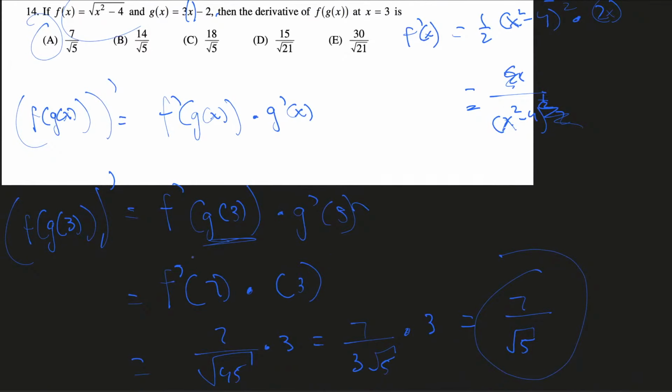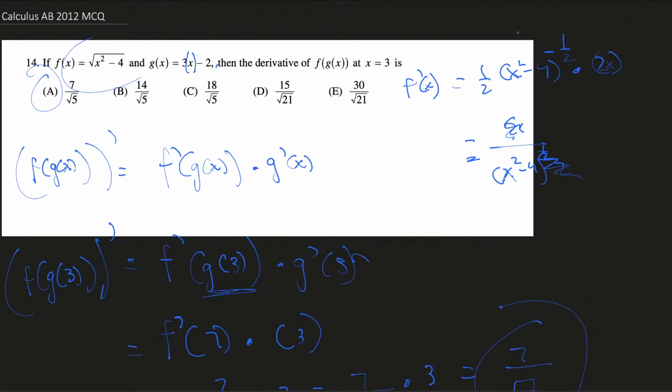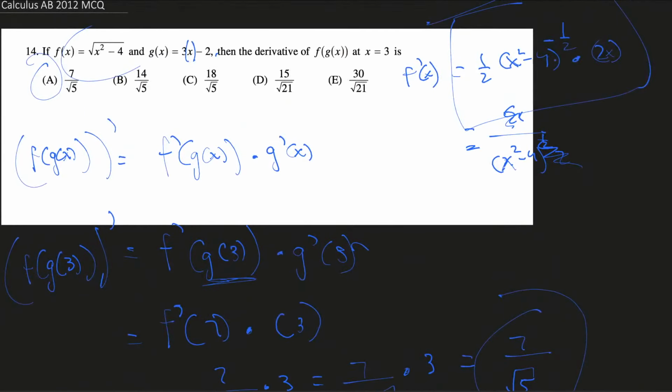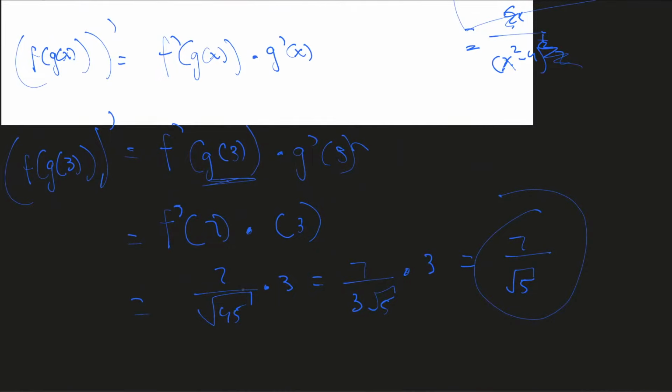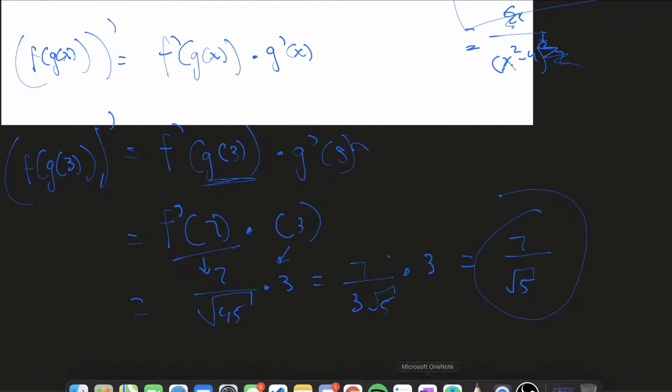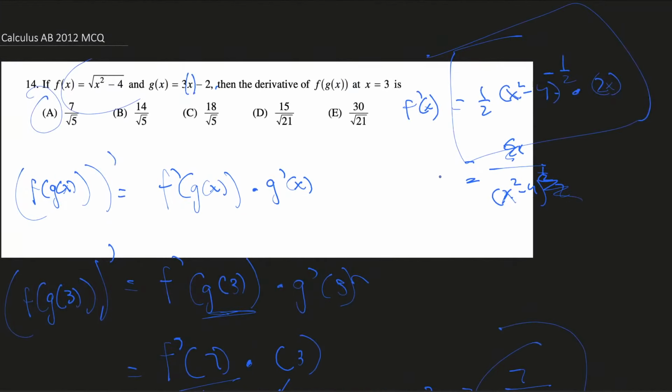And then f prime of 7, we figured out that f prime is equal to this expression right here. We plugged in a 7 into this, and we got 7 over radical 45 multiplied by 3, which is equal to 7 over 3 times radical 5 times 3. So that's equal to 7 over radical 5. So the answer to that is A.